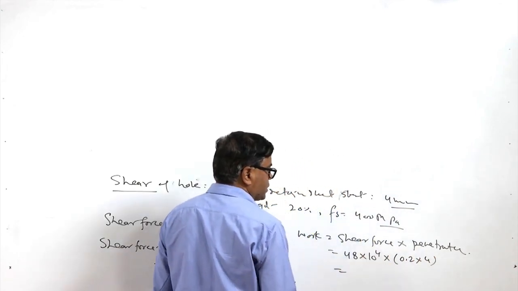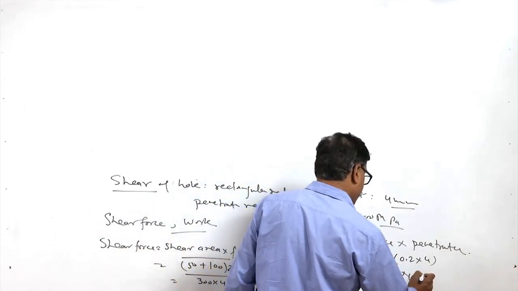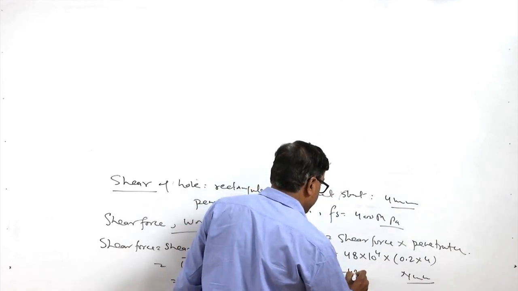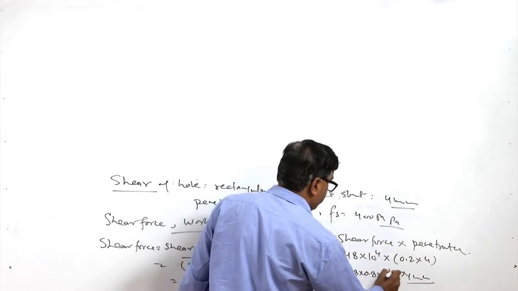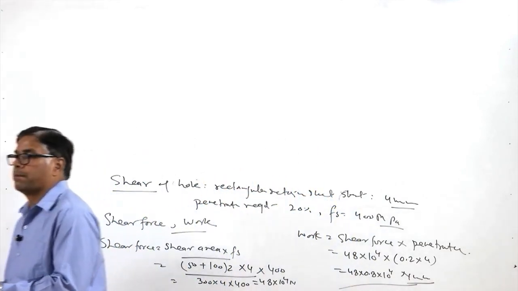On solving this we can get the work required in Newton mm. So this is 48 multiplied by 0.8 into 10 to the power 4. This will be the answer for the work to be done for the shearing purpose.